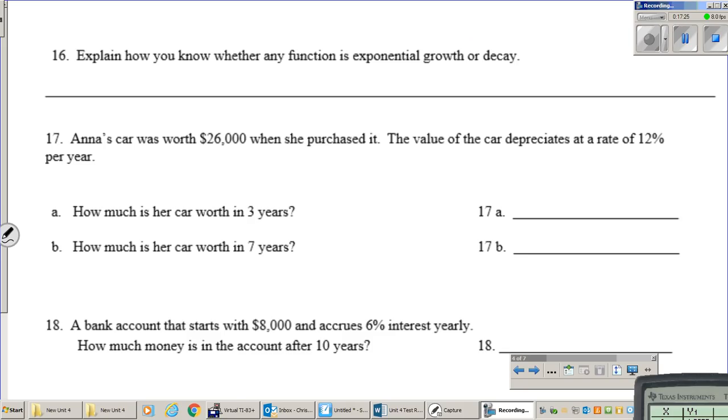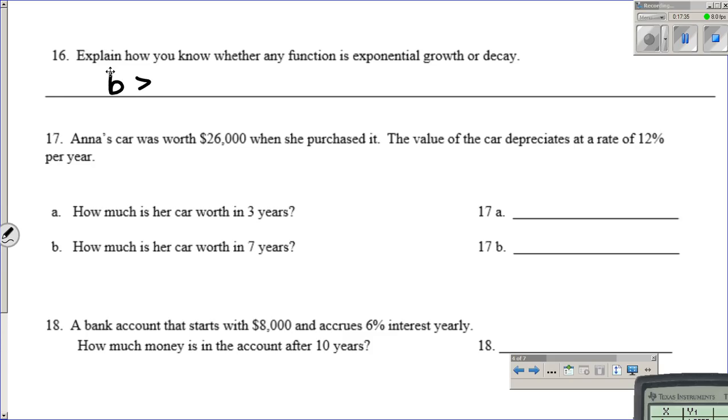Okay, for number 16, it says explain how you know whether any function is exponential growth or decay. So if you're looking at the equation, you should recognize that if b is greater than 1, the function is growth. Now remember, with exponential functions, we don't have to say a negative number. It's the b value.